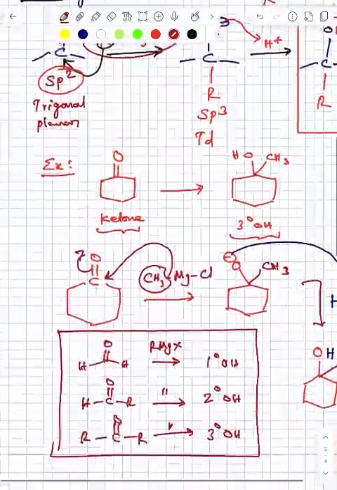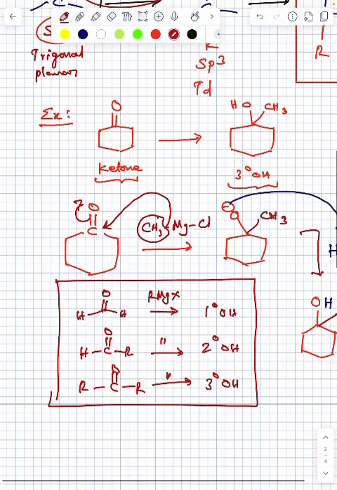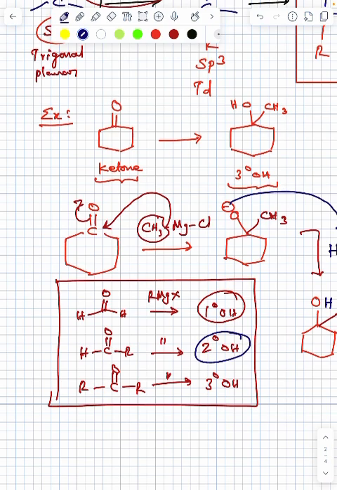So formaldehyde treated with RMgX gives the primary alcohol, an aldehyde functional group treated with RMgX gives the secondary alcohol, and a ketone functional group gives the corresponding tertiary alcohol.